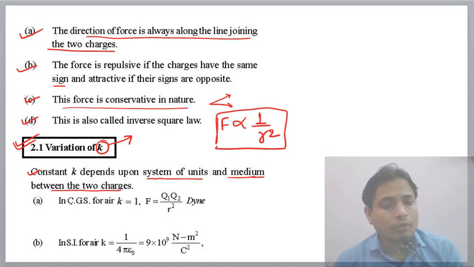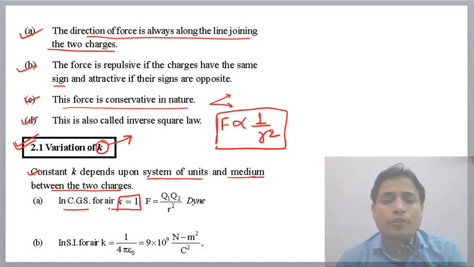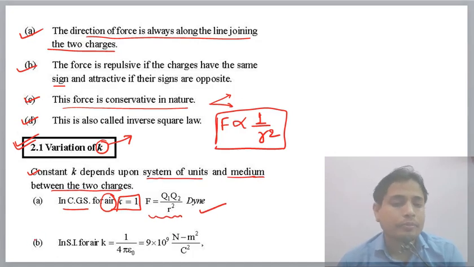Now first let's talk about the dependency on the system of unit. In the CGS system, the value of K is 1 for air. And if K has the value one, then the force will be converted like this. Now in the SI unit, K has the value 1 upon 4 pi epsilon naught for air, or you can say the space.